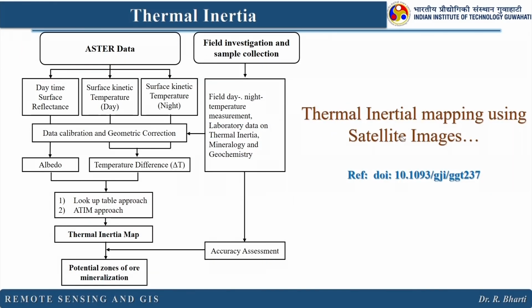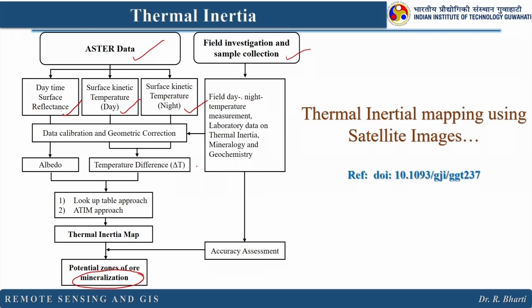This is one of the published papers where thermal inertia is used to map the ore mineralization in the Mamandur area. Here the ASTER data was used because ASTER has temperature data in the thermal region. Then field investigation was done and samples were collected. From the ASTER data you can get the daytime surface reflectance and the surface kinetic temperature of day and night.